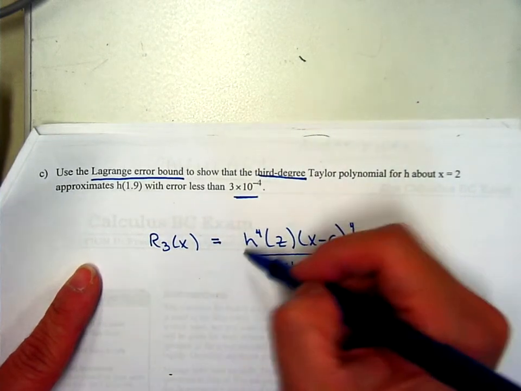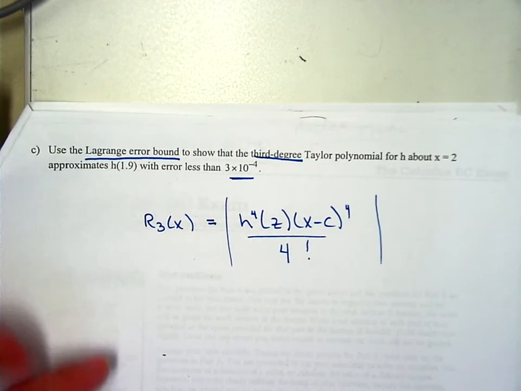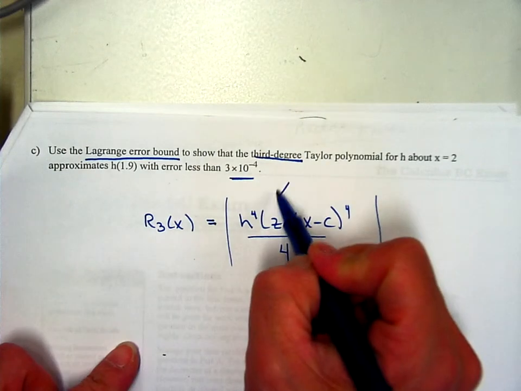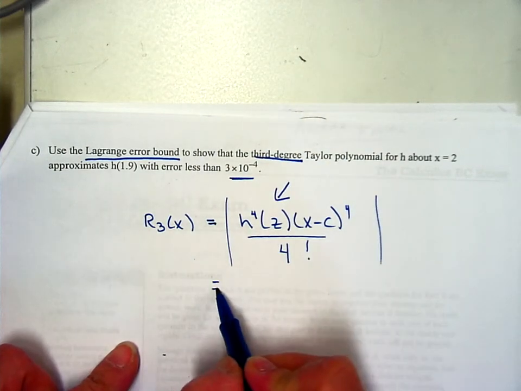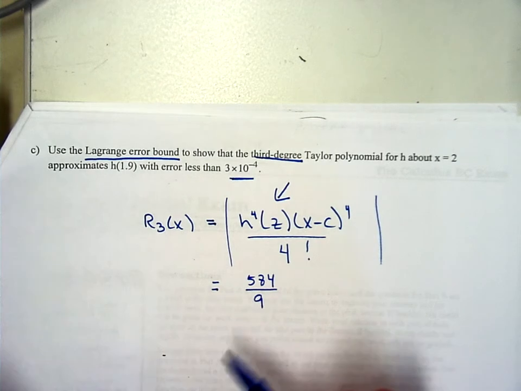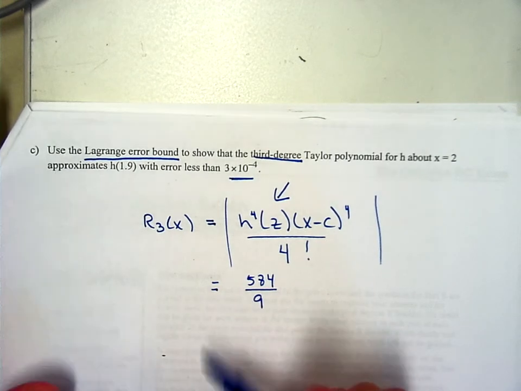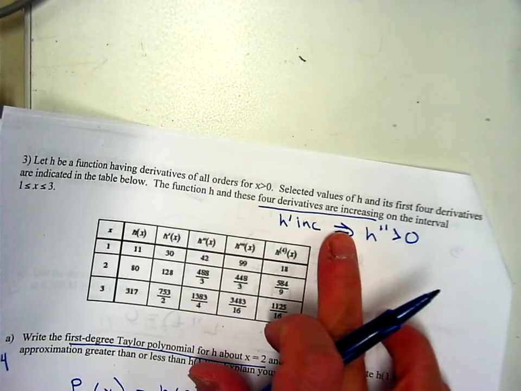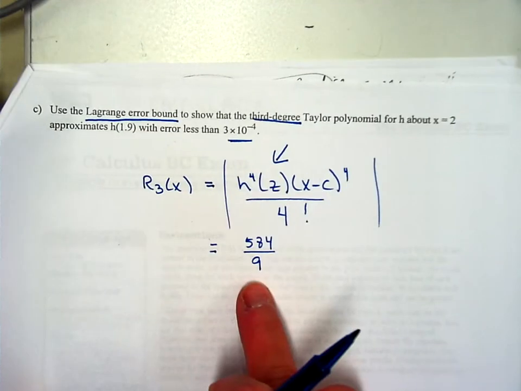And when we talk about error bound, we only look at absolute value. This value is given, and I know that this is the biggest value possible because it tells you in the original stem that these derivatives are increasing. So this is the biggest value this could possibly take on.